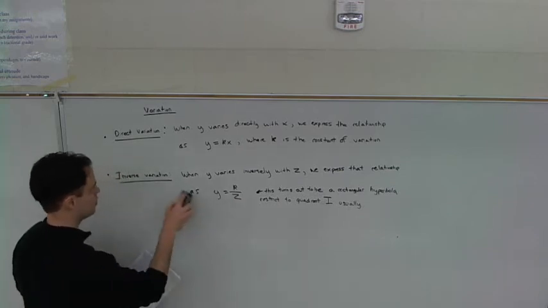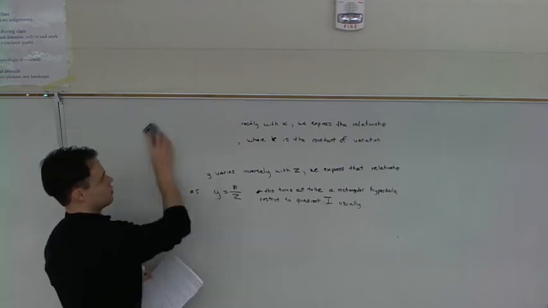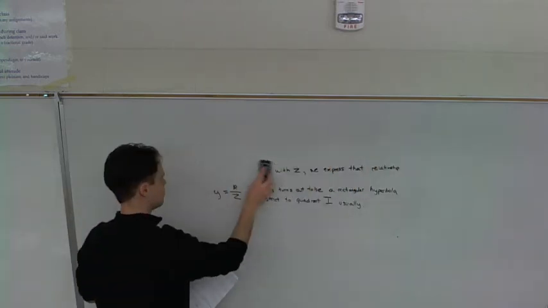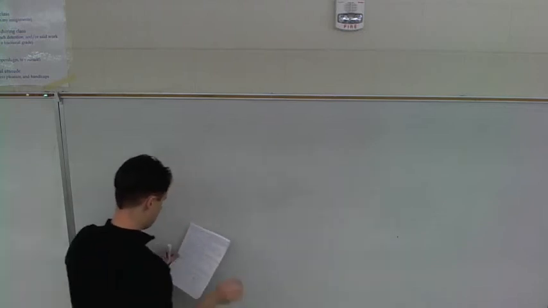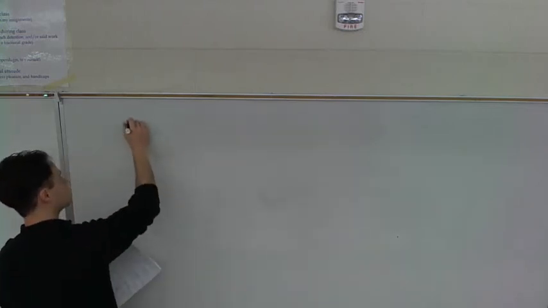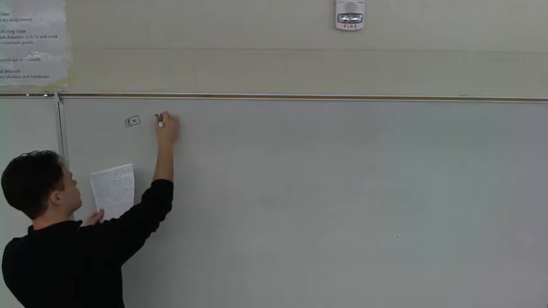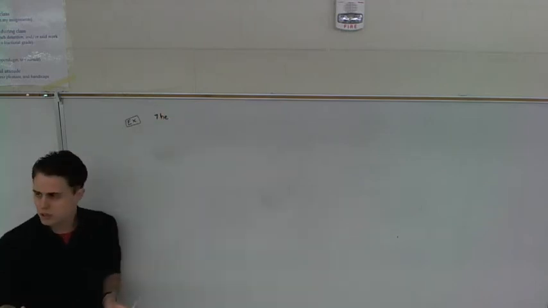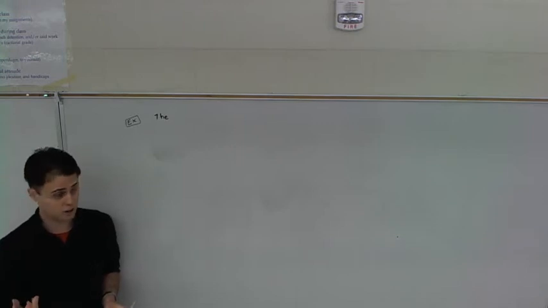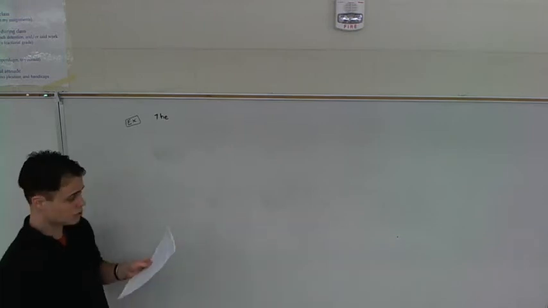So let's look at an example where we have this kind of thing. This inverse variation kind of thing is used a lot in electrical applications like circuits and so forth.